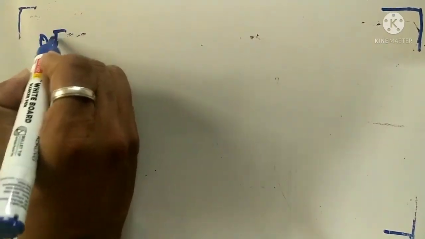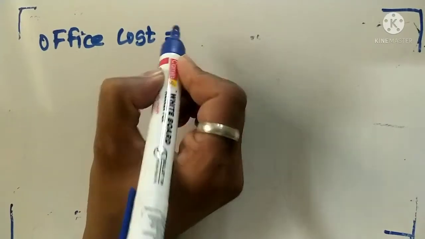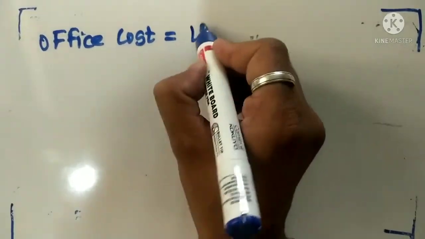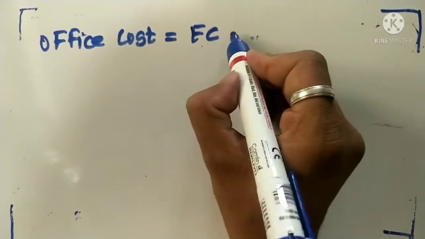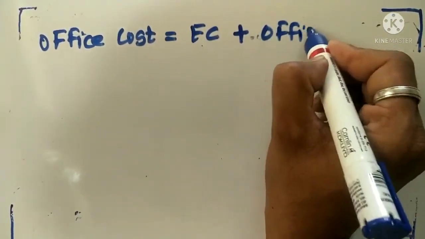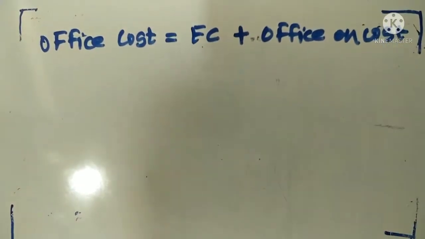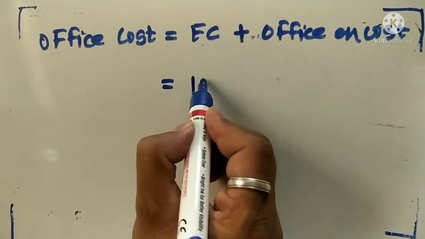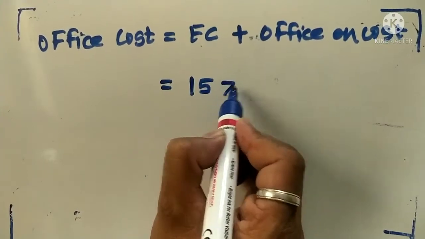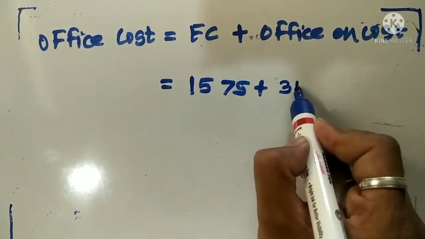Next we need to calculate the office cost. Office cost is the addition of factory cost plus office on cost. It is given as the 1575 factory cost we have got, plus 30% of factory cost.